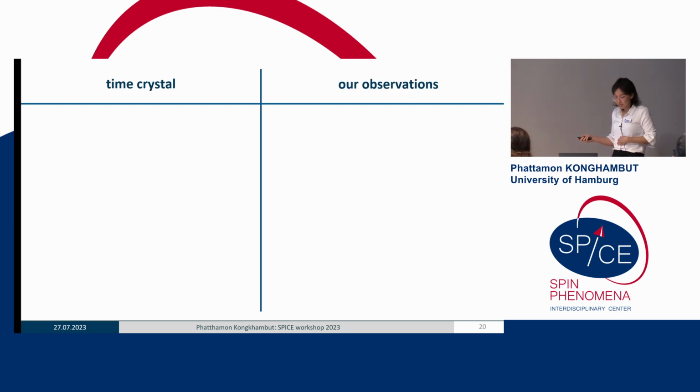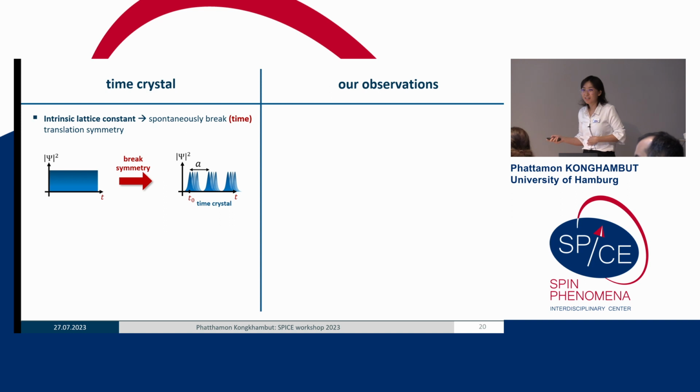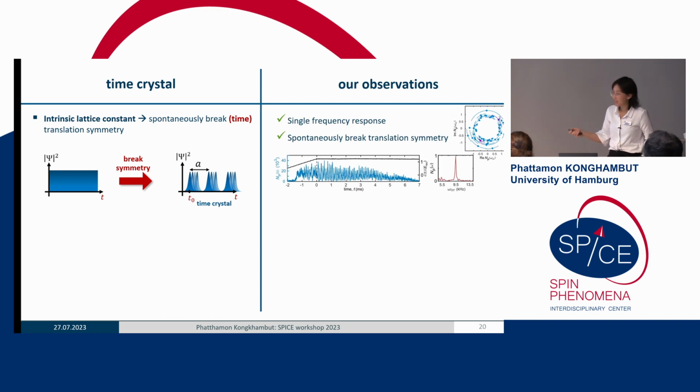I'm not sure how much time I have. More time, good. So this is a mini summary. Here I show that I can have an open system that breaks time translation symmetry because I did not drive my pump. This is a DC drive, but your system oscillates in time.